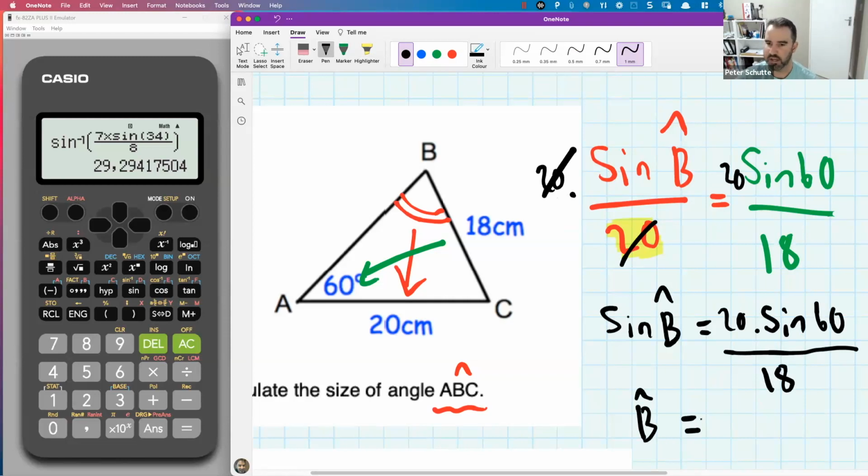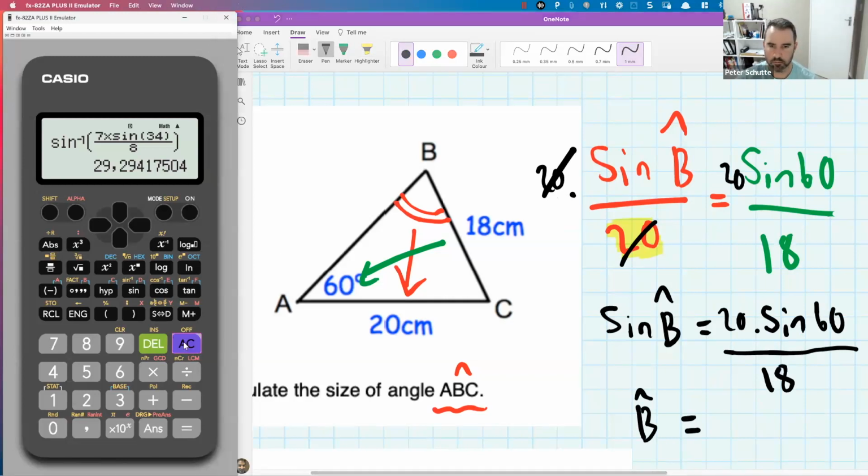What do we think that B is going to be? And remember, do we use normal sine or do we use inverse sine when we have to work this out? Don't forget to close the bracket.